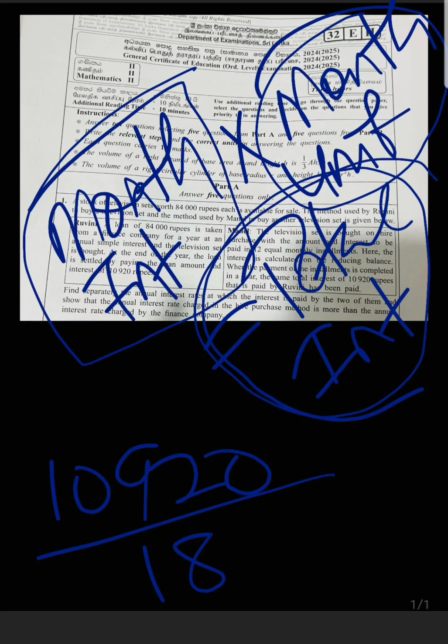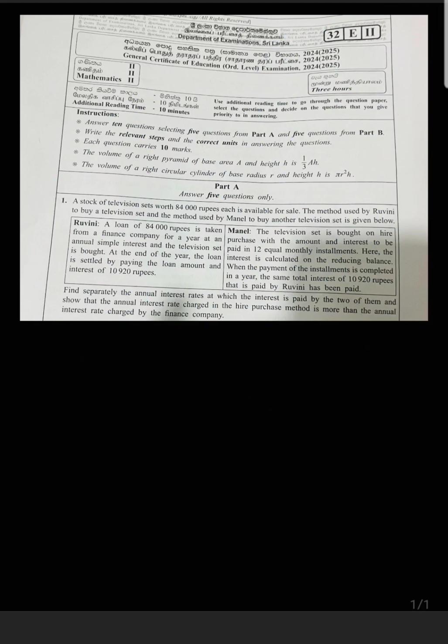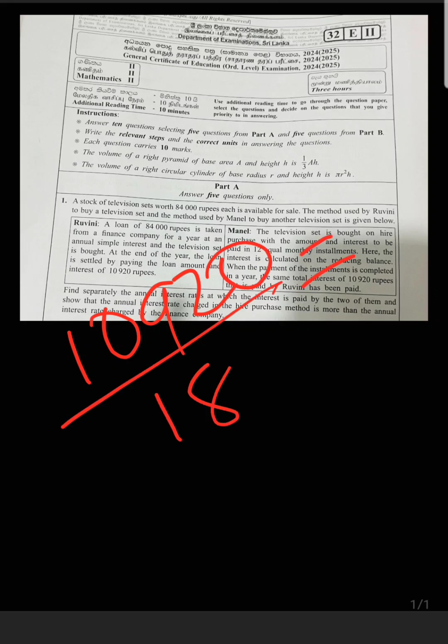So 10,920 divided by the month units. You will get the answer 140.